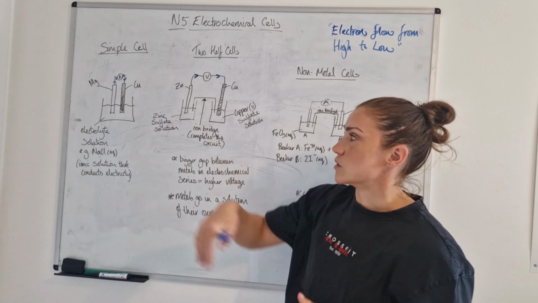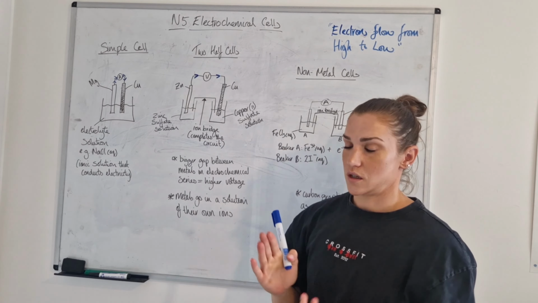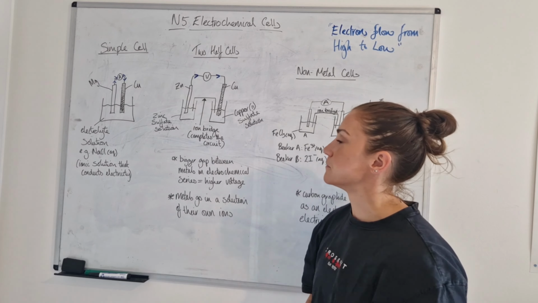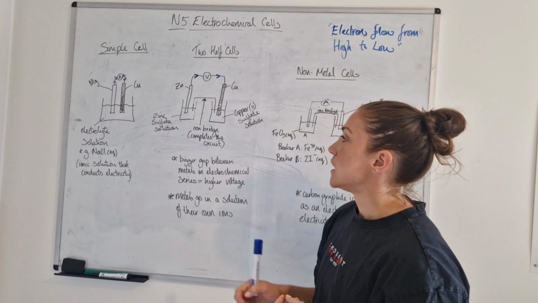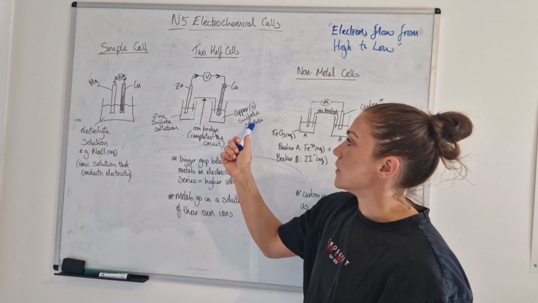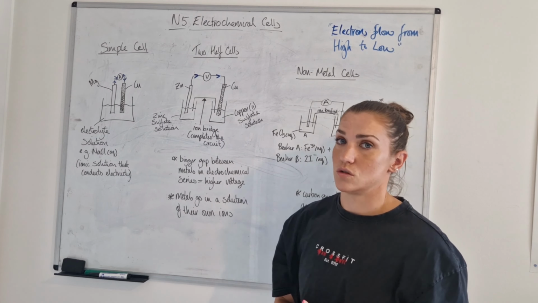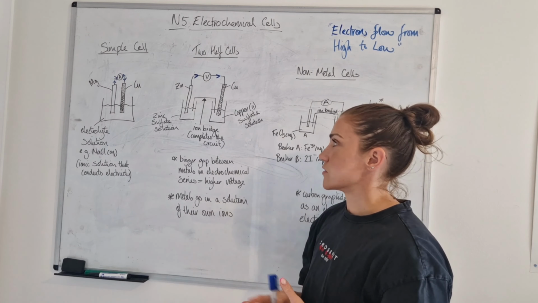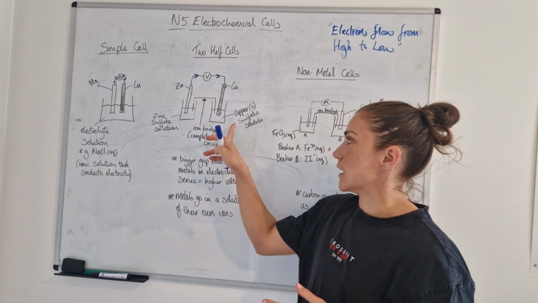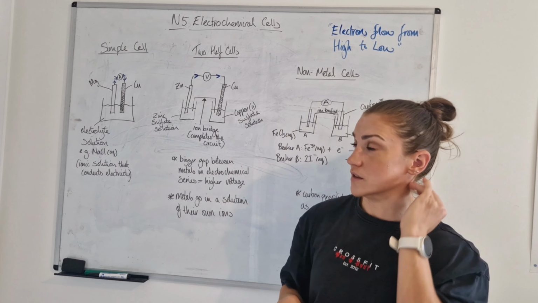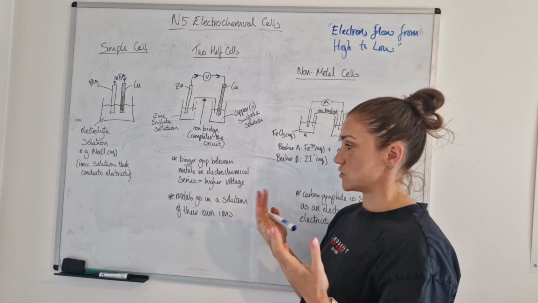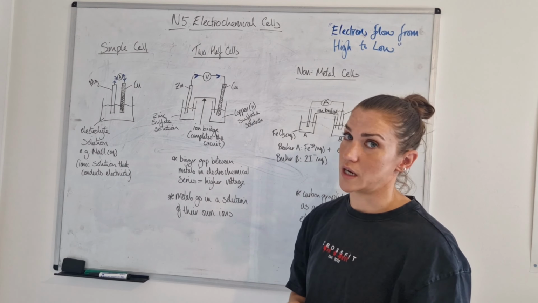So zinc would go in a zinc ion solution, like zinc sulfate, zinc chloride, zinc oxide, and then copper would go in a copper ion solution. In this case I've just picked sulfate solutions, but that other ion can be different. But just remember the metals will go in a solution of their own ions.